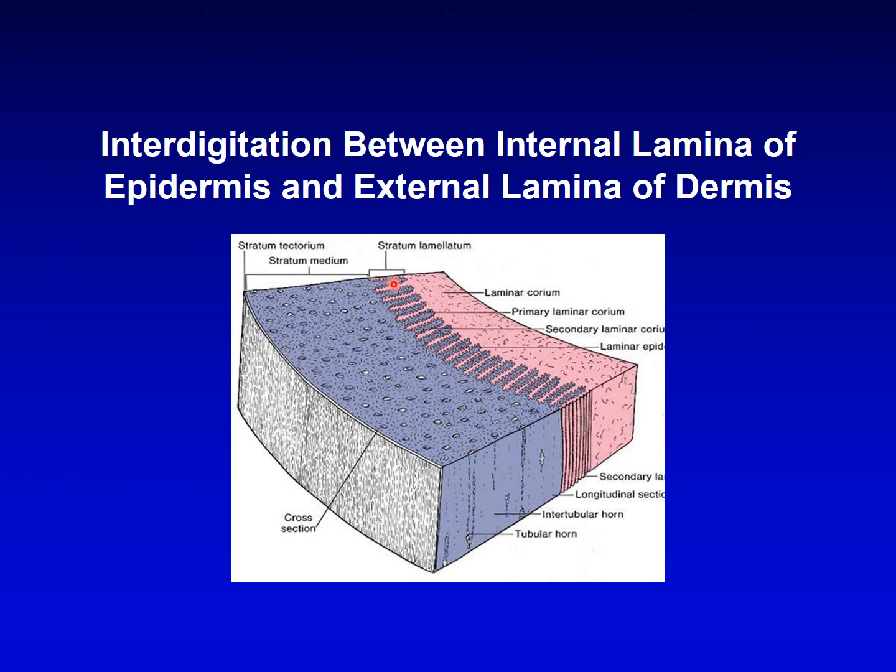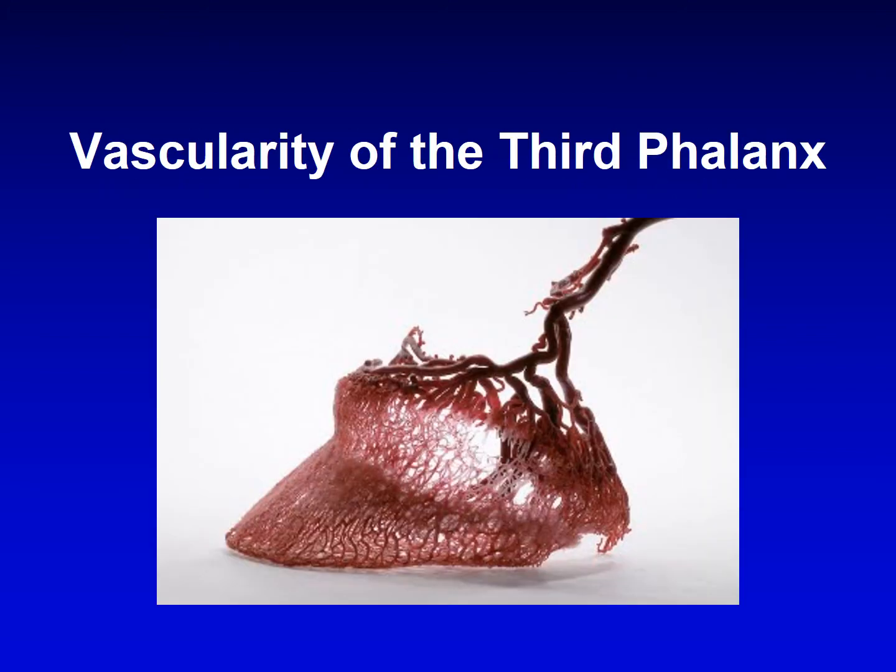Inseparable. Now, remember what I told you about that blood supply to this area between them? Look. This is to show you the intensity of the blood supply to both P3 and the hoof wall. It's all full of blood, just like when you take by accident your fingernail.